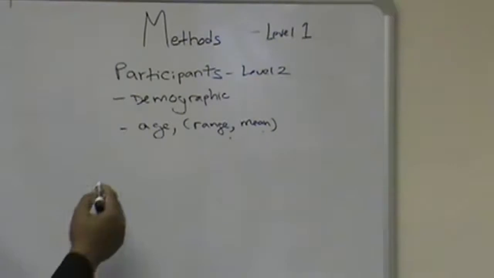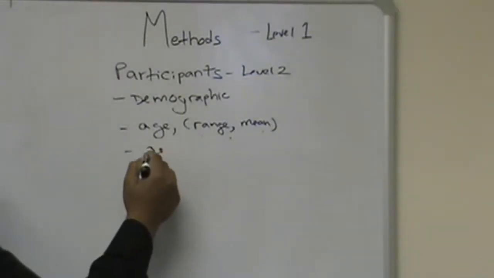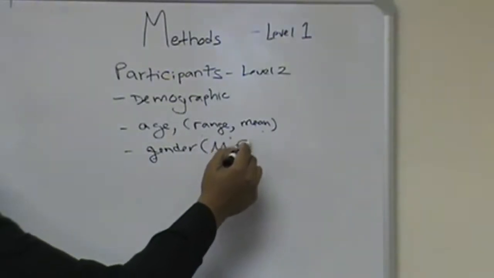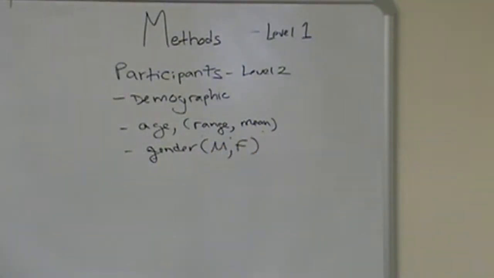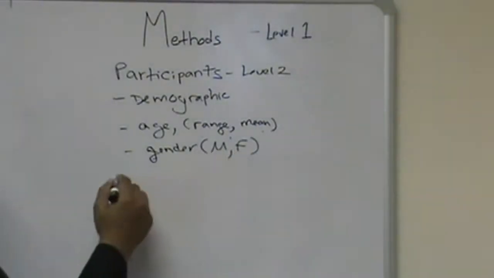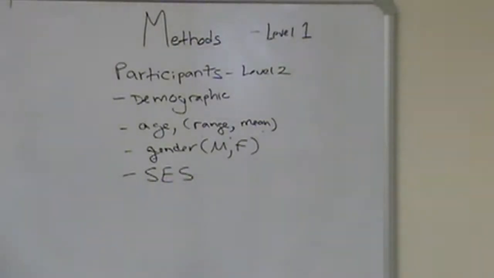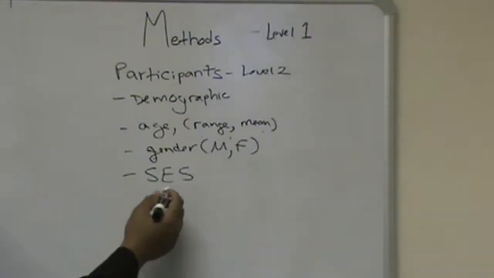Okay, another thing to include is gender, of course, right? Talk about how many males and females were included, because maybe they will respond to the measures differently. That's one thing. One other thing to include: what about socioeconomic status? Now, in your school districts, many times you have information with regard to socioeconomic status.